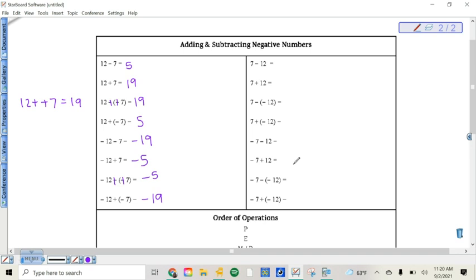Okay? All right, can you try and do the right side on your own? You can use your calculator, and you just would have to type it in exactly as you see it, including parentheses. Are we allowed to use the calculator tomorrow? Yes. So you can use this paper and a calculator on the test tomorrow.